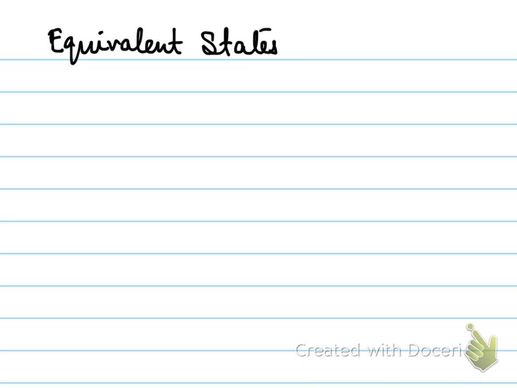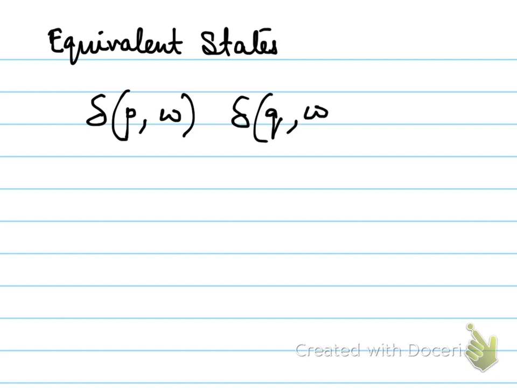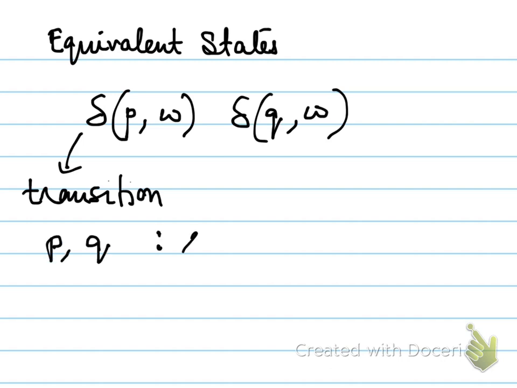I can say that two states P and Q are equivalent based on the following. Here delta is the transition, P and Q are states, and W is an input string.